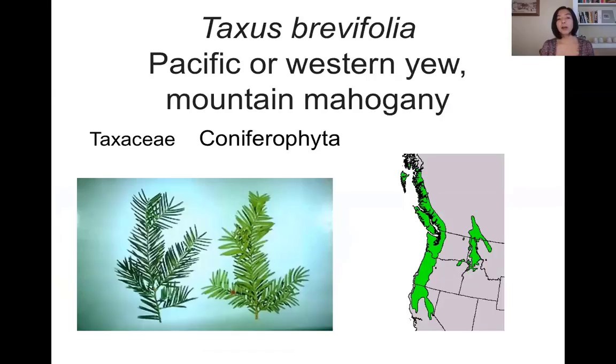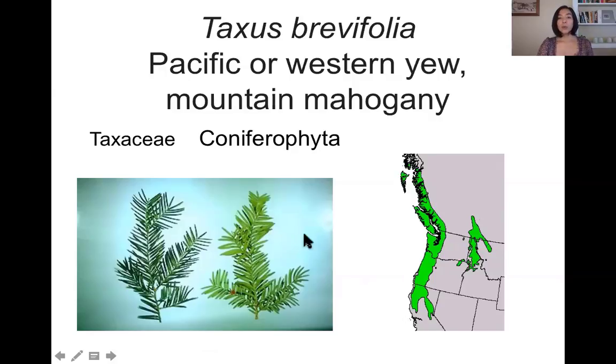Another example of the Coniferophyta is the family Taxaceae. And one species of this family is Taxus brevifolia. This species distributes in this part of the West Coast, from California all the way to Canada, and also more inland, as you can see here.